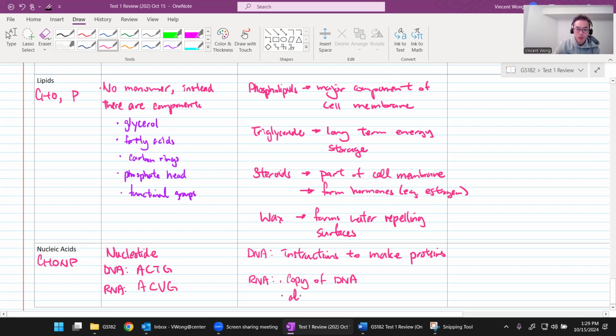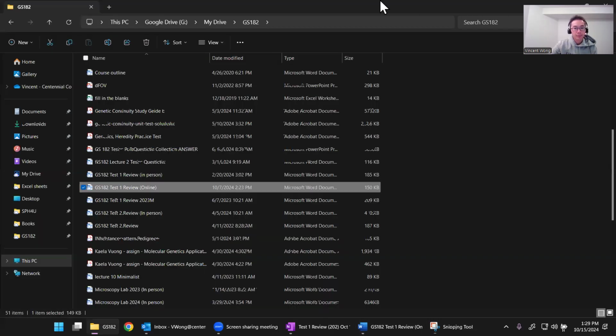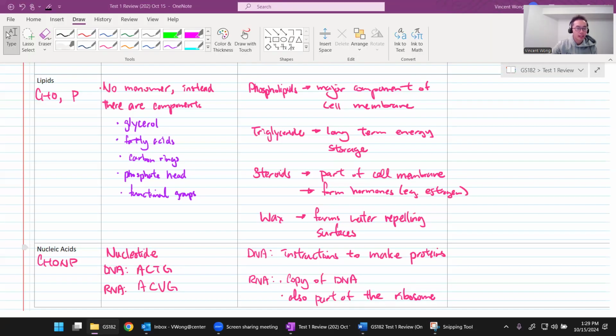Okay. Also part of the ribosome, if you remember. There are different kinds of RNA, and we haven't learned any of them yet.